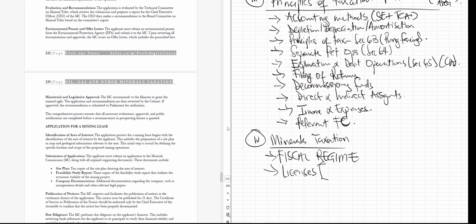Reconnaissance license, prospecting license, and mining lease. Are you sure it's only mining lease? There are more. Mention the rest. Small scale mineral license. Okay, it's also there. We have service support license.